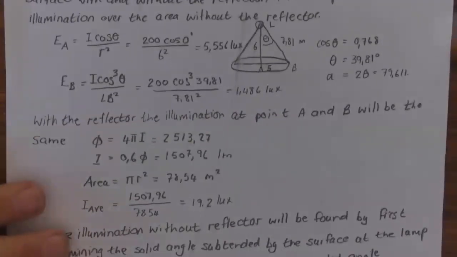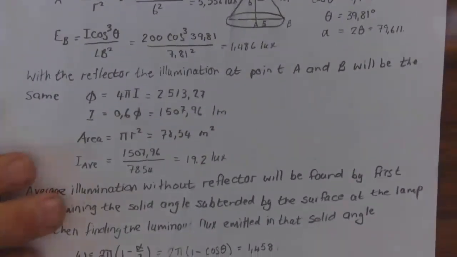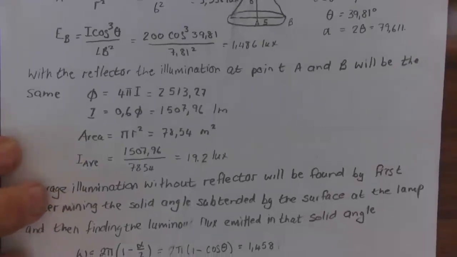That means it's 79.61. So EB is I cos cubed theta over LB squared, which gives us 200 cos cubed 39.81 divided by 7.81 squared, gives us 1.486 lux. Now the reflector illumination at point A and B will be the same.